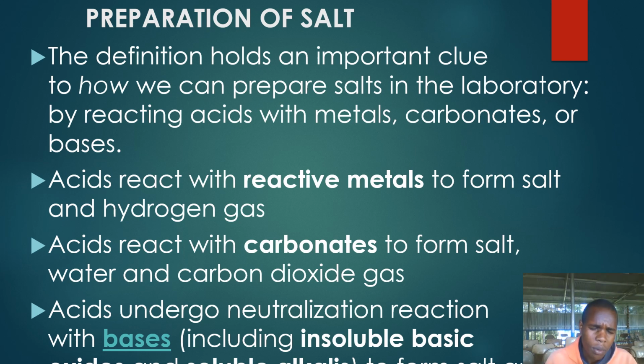So the next method of preparing a salt is by reacting an acid with carbonates to form salt, water, and carbon dioxide. So for example, preparation of lead-2 nitrate: when lead-2 carbonate is added to warm nitric acid, warming speeds up the rate of reaction.